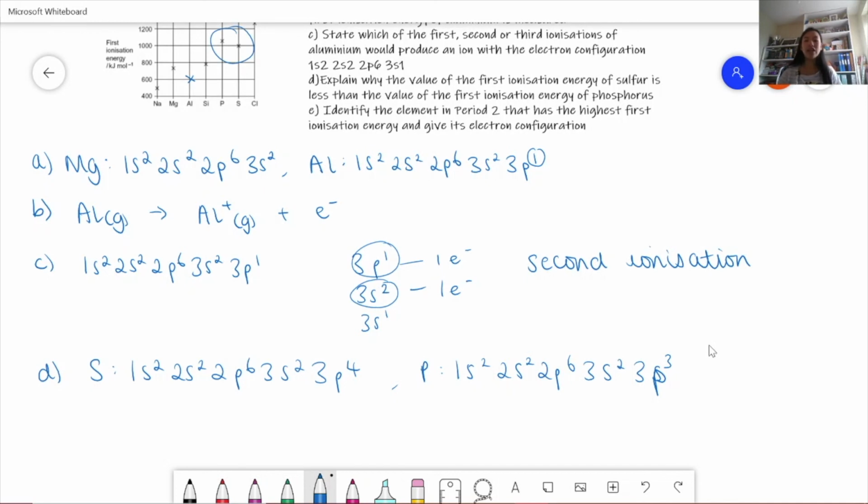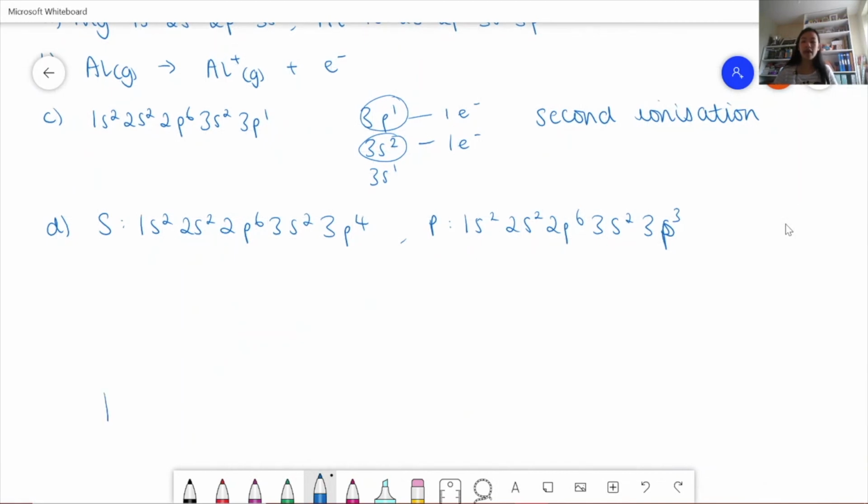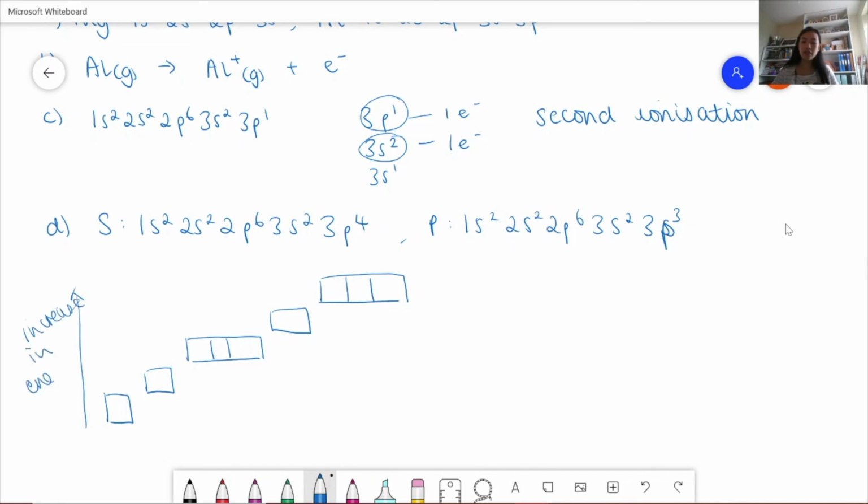And if we draw out the energy levels, it actually becomes a bit clearer. So we have a box of 1s2, then 2s2, 2p6, 3s2, and I'll also draw out 3p6. So this is the increase in energy.